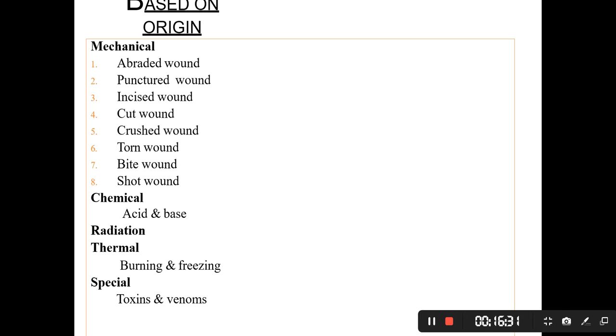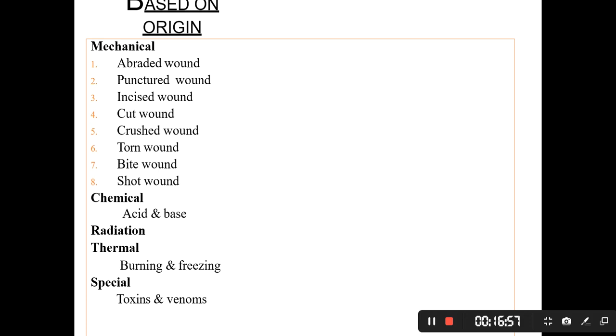Again, based on the origin, it can be because of a mechanical injury like puncturing, or cutting with scissors, a knife, or a scalpel incision, or getting crushed in a road traffic accident, or getting torn, or getting bitten by an animal, or getting shot by a gun. Those are all mechanical wounds. It can be caused by some chemicals like some acids, bases.